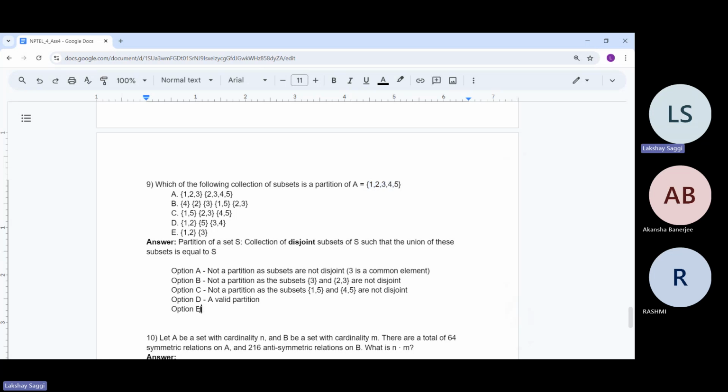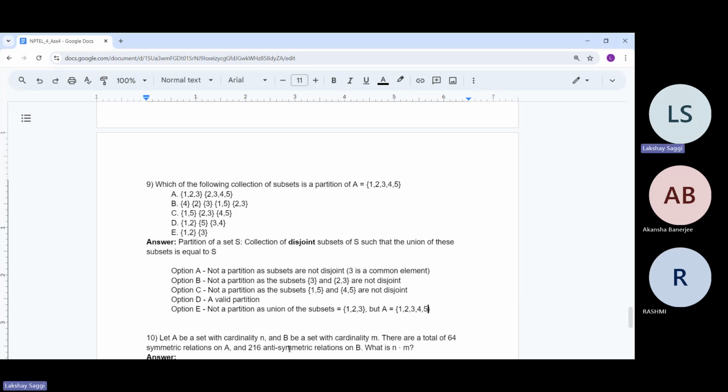So option E is not a valid partition, as the union of the subsets is 1, 2, 3. But A is 1, 2, 3, 4, 5.